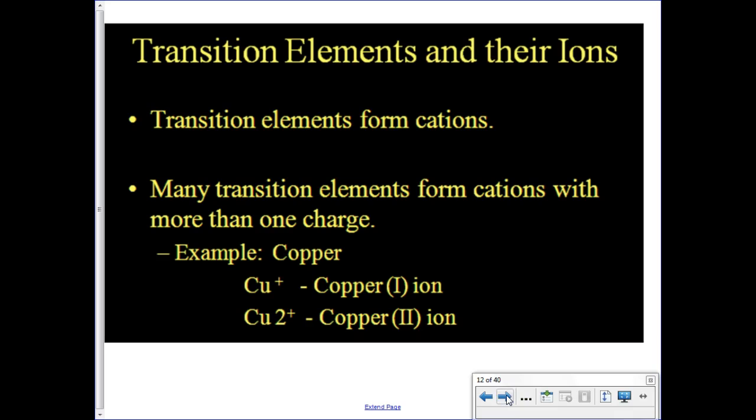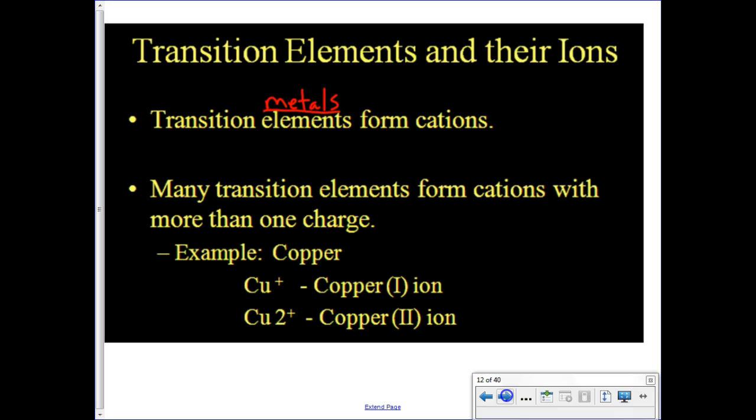All right. Transition elements, we know, form cations because these are also metals, transition metals. And we know that many transition elements form cations with more than 1 charge.